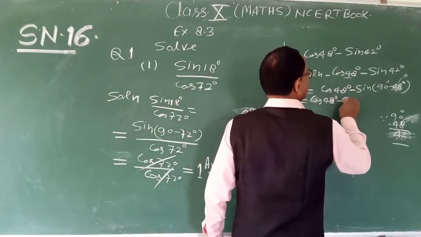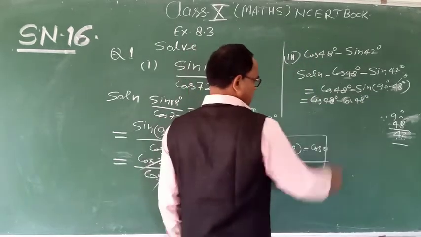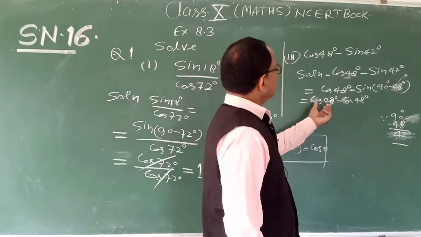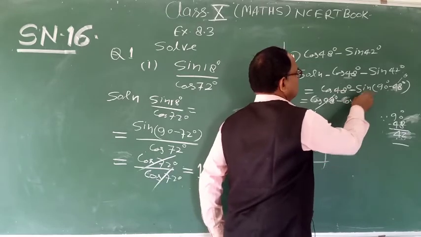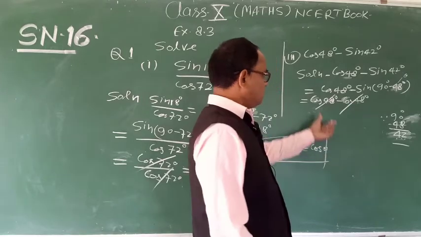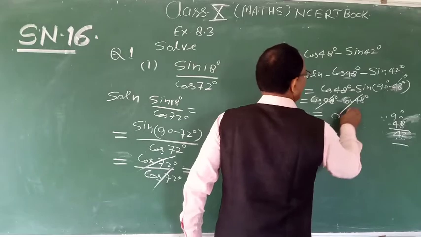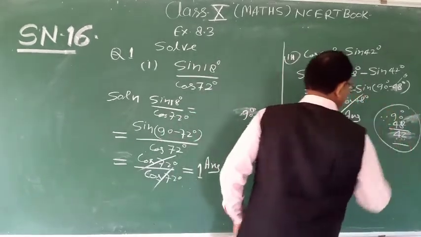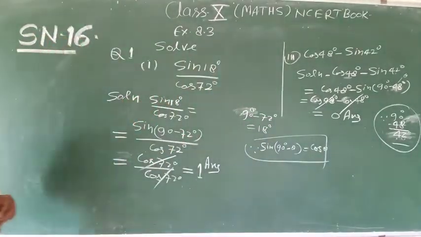Then we see that cos 48 is positive and the same cos 48 degree in negative form. Therefore, cancel both. We find here 0, which is the answer. Okay, student. These types of questions we can solve on this basis.